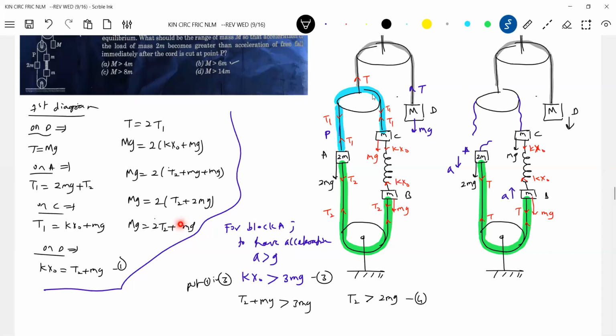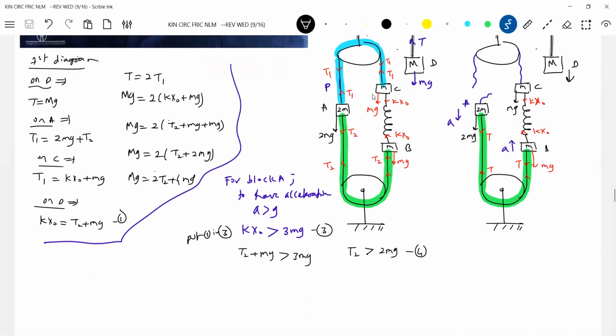Sir, how did you write kx naught greater than 3mg? If we solve, we'll get kx naught greater than 2mg. Cannot happen, huh? kx naught plus 2mg minus mg by 3m must be greater than g. That is what you mean by that equation.